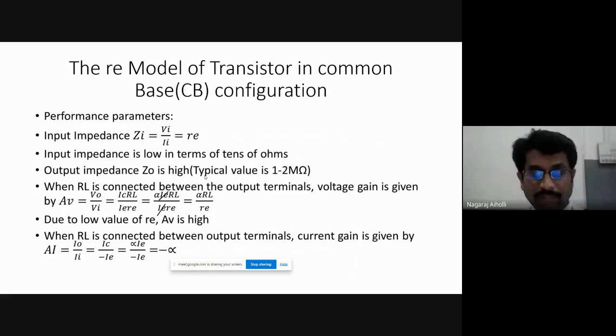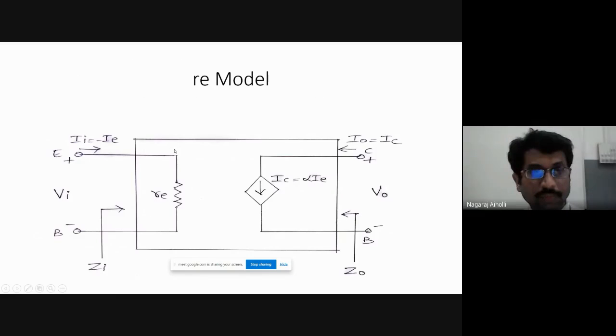Input impedance ZI is nothing but input voltage by input current, VI divided by II. We have the input voltage here and the input current II. Therefore, input voltage by input current gives the impedance ZI between emitter to base terminals.